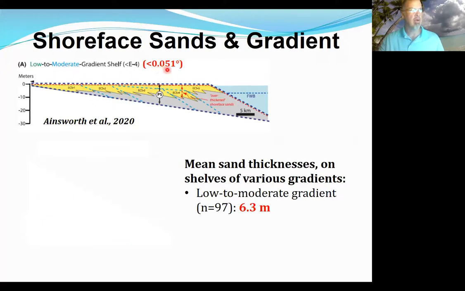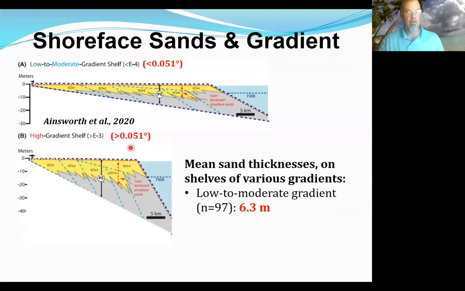Low gradient shelves had a sand, discounting things like compaction, with a mean thickness of 6.3 meters. And then when you look at shoreface sands which are steep, greater than about 0.05 degrees, I'll give you one guess. You think these are going to be thinner or thicker sands? You're right, exactly right. These are much thicker sands.